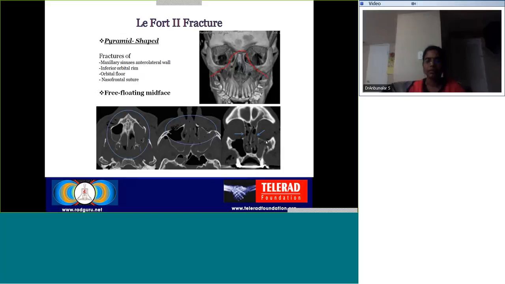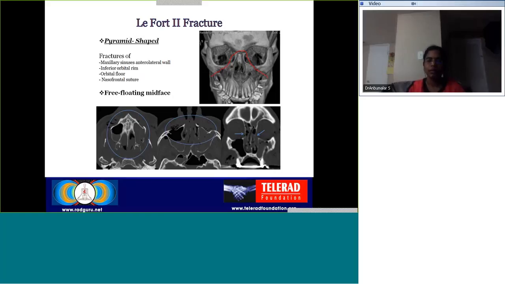Next is the Lefort type 2. This is a pyramid shaped fracture line. The name is given according to the fracture line. This fracture line starts from the nasofrontal region and then goes along the medial wall of the orbit, involves the inferior orbital rim and orbital floor, and the anterolateral wall of the maxillary sinus is involved.